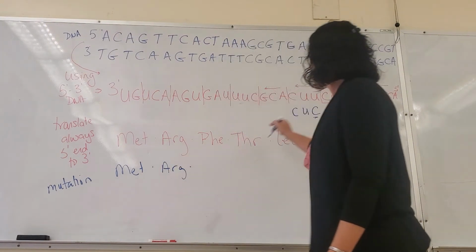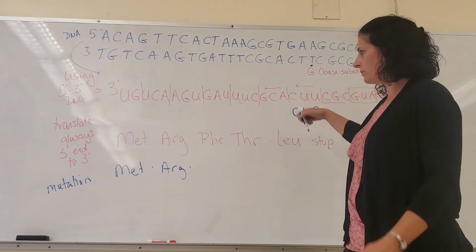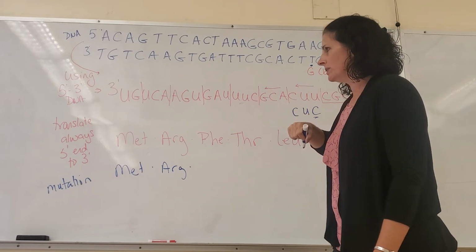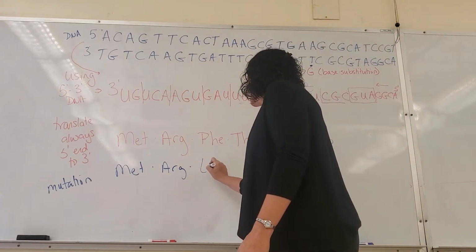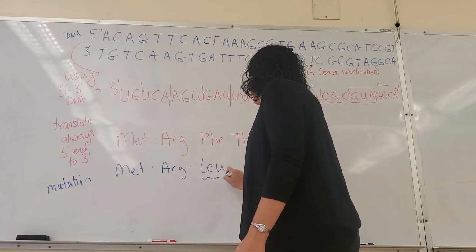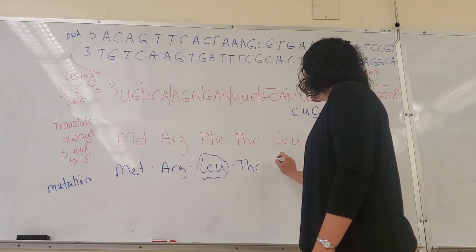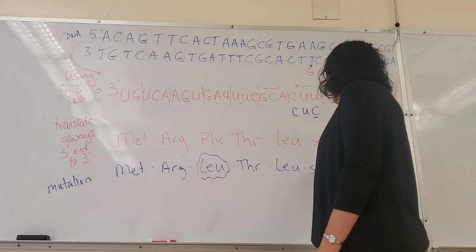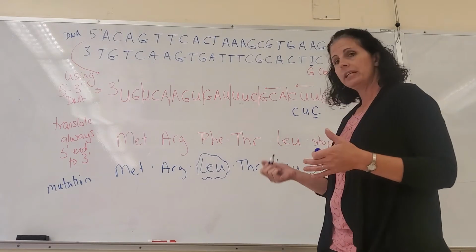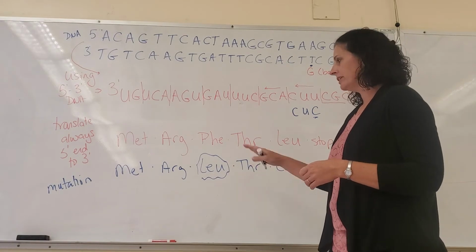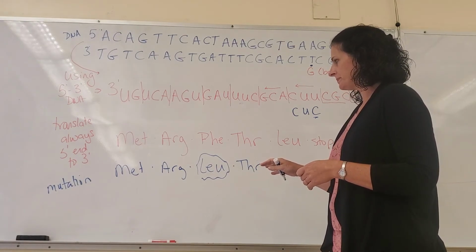But what's different is instead of having UUC to bring in phenylalanine, CUC is going to bring in leucine. And then all the other nucleotides are unaffected. And so again, that base substitution changes this one amino acid. Everything else is the same.